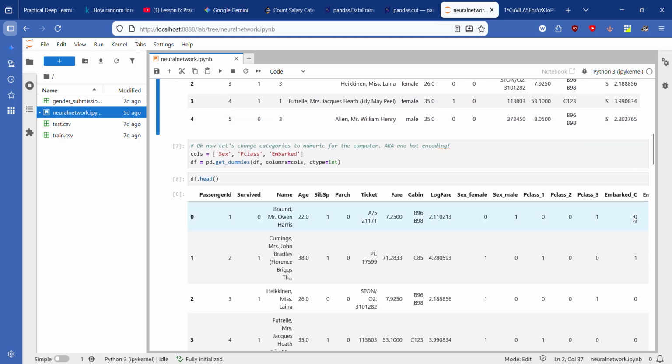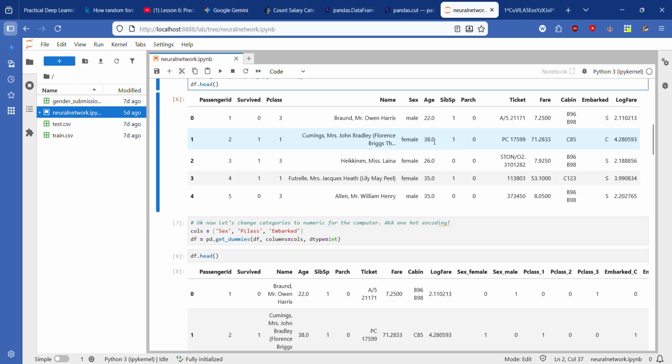So obviously, there's also columns here that are completely not important for us to be able to make a prediction model. Like, for example, the name. Everyone's going to have a unique name, I would assume. So that's not going to help us predict whether a passenger survives or not by working with their name. So I would say that it makes sense to only look at things that are numeric.